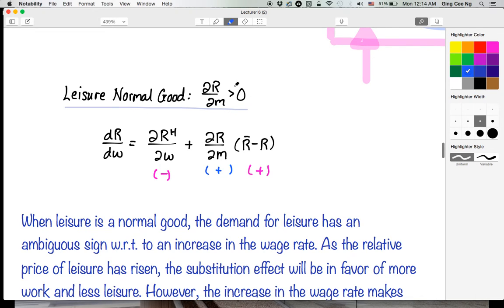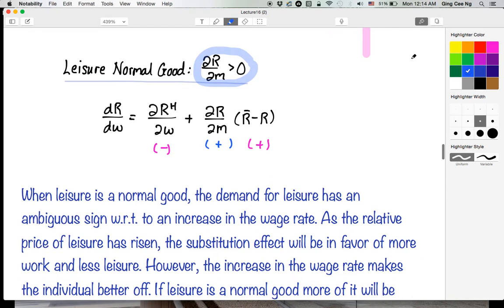If leisure is a normal good, then that means that when income goes up, I consume more leisure. In other words, the sign of this derivative is positive. So taking our Slutsky decomposition, we can sign each term one by one. First, we know by the law of demand, the substitution effect is always negative. And the income effect is going to be positive. Why?